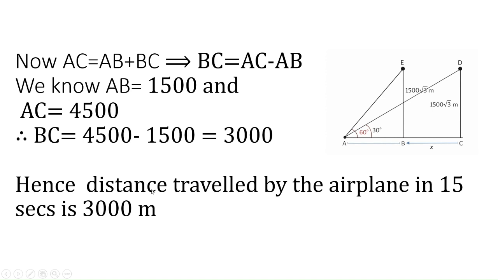Hence the distance traveled by the airplane in 15 seconds is 3000 meters. We actually need this, but we cannot find BC directly. We have to find the initial distance, the current distance, and then the distance traveled by the jet plane.